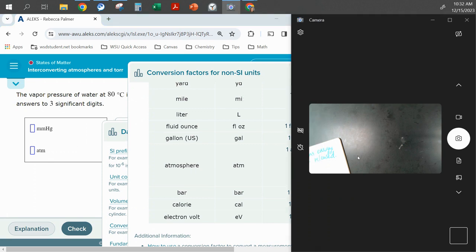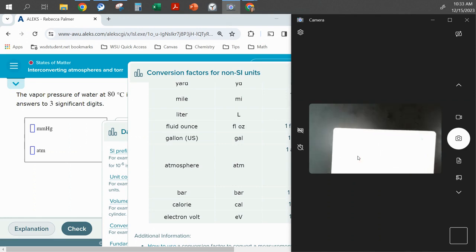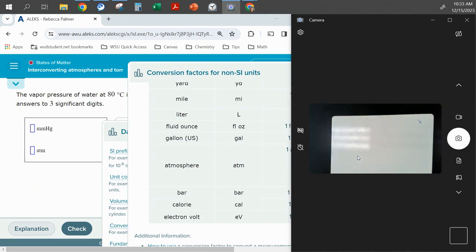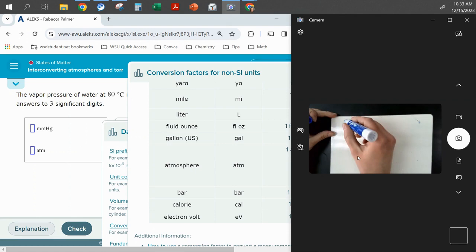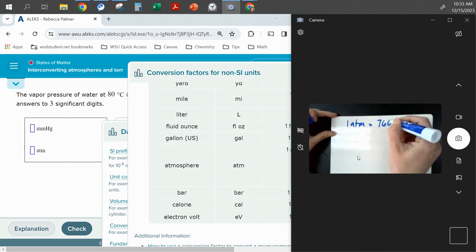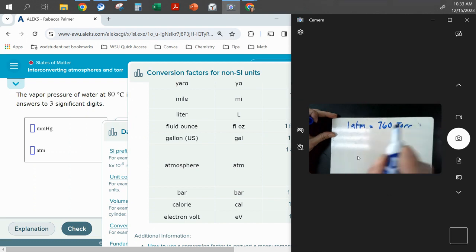Okay, so let's see. If I have 1 atmosphere, that's the same as 760 torr. If I have 1 atmosphere, that's the same as 760 millimeters of mercury.